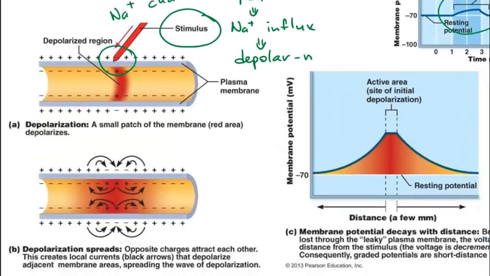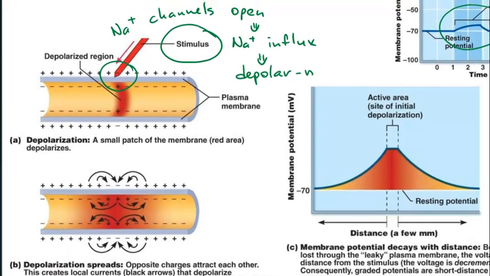But the issue is that the stimulus acts on a very small patch of a membrane. So that depolarization, that change, will eventually dissipate. One of the classic analogies of a graded potential is ripples on the water.